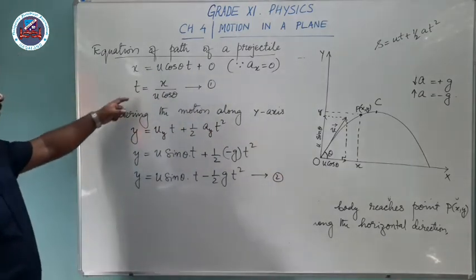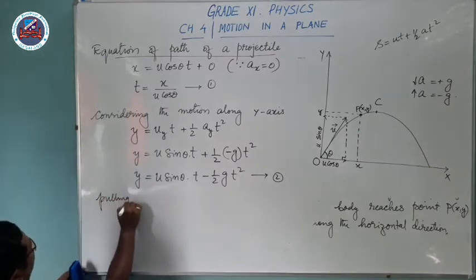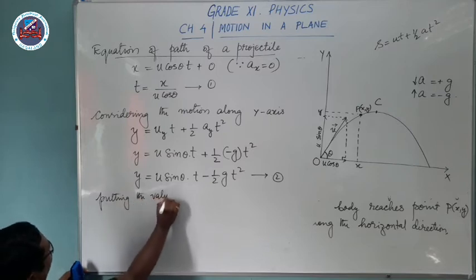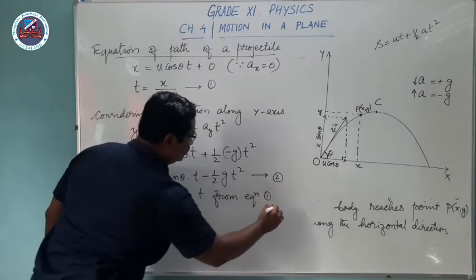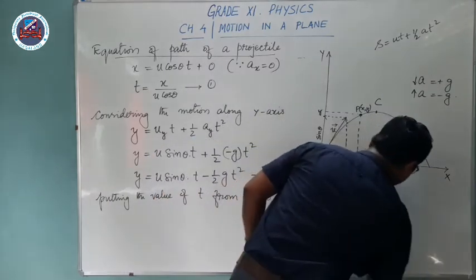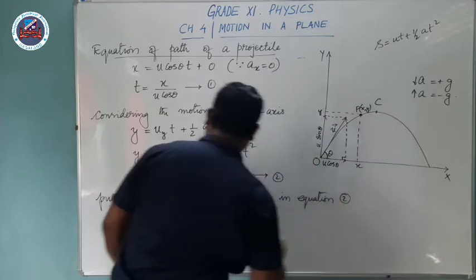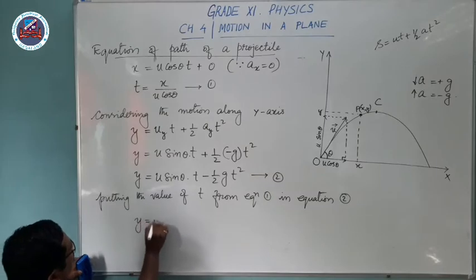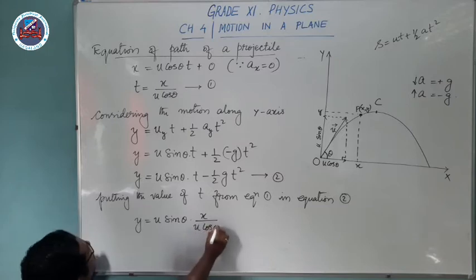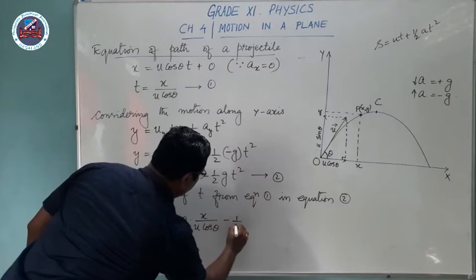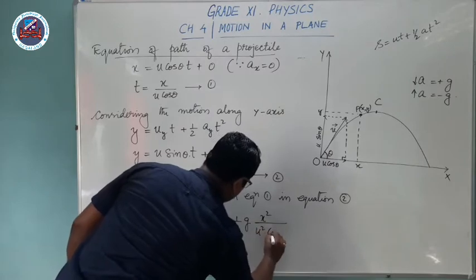Putting the value of t from equation 1 in equation 2, we get y is equal to u sin theta into t, which is x divided by u cos theta, minus half of g into t square, which is x square divided by u square cos square theta.